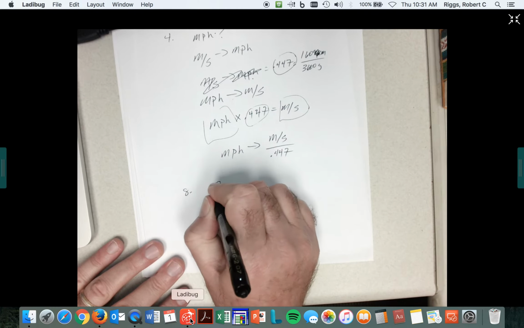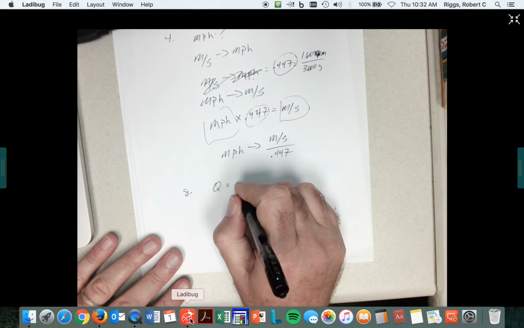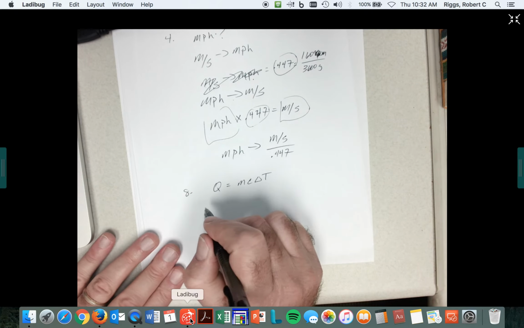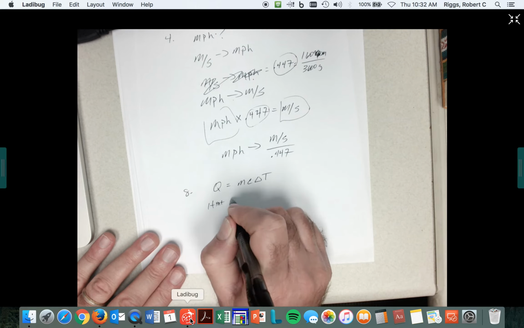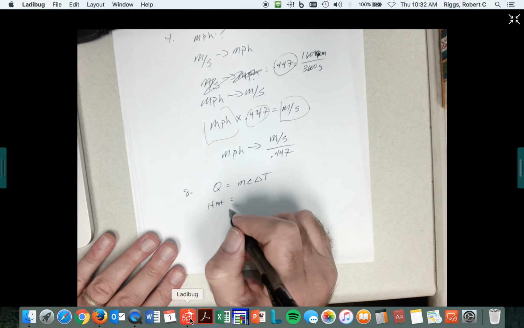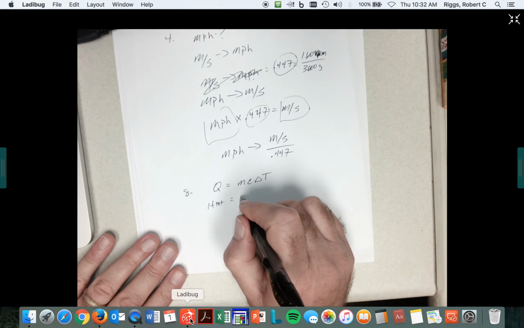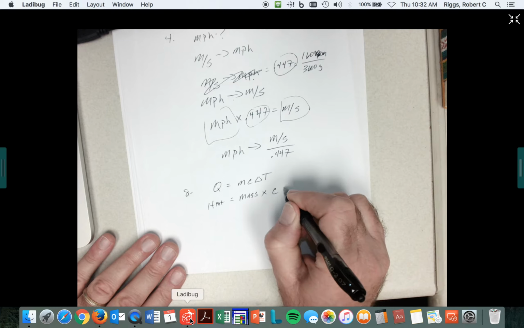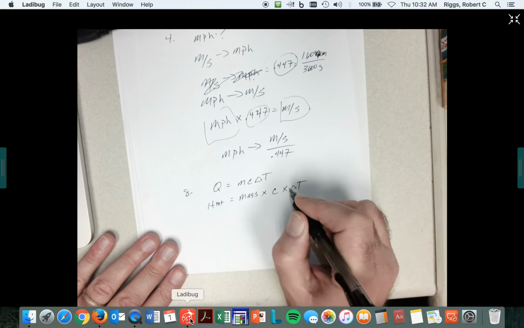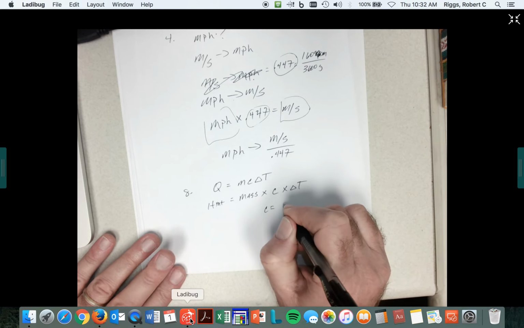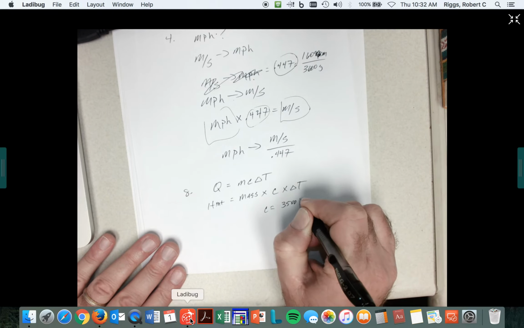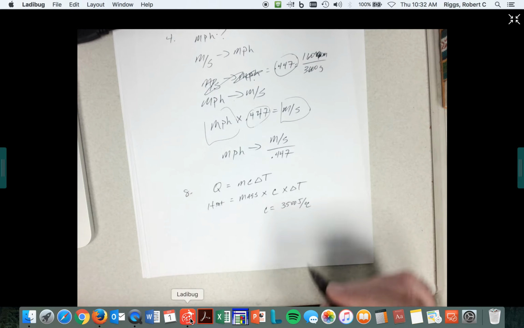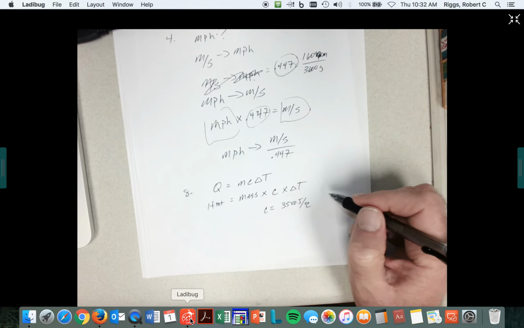Q is equal to mc delta T, where Q is the heat in the body, m is the mass of the person, and c is the specific heat of the body, which is 3,500 joules per degree centigrade. That's not joules per calorie, that's per degree centigrade.